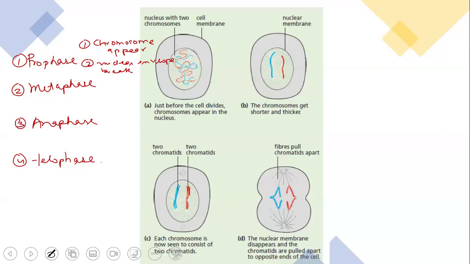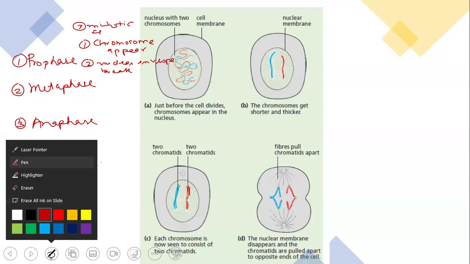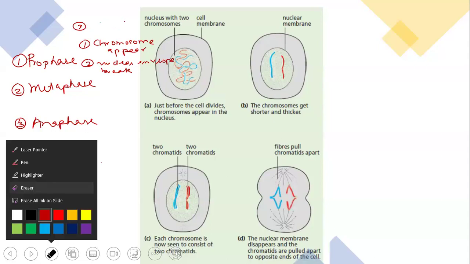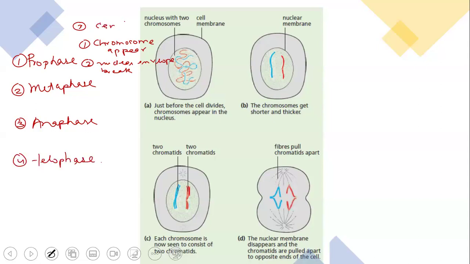Then the third thing that's going to happen is you have your mitotic spindle, right? That mitotic spindle forms because of your centrioles. Centrioles are small organelles, small structures inside the cell that form the mitotic spindle.